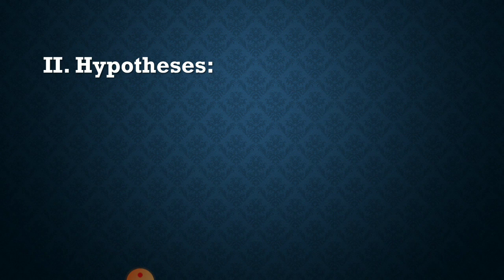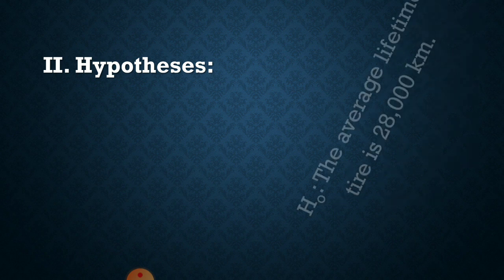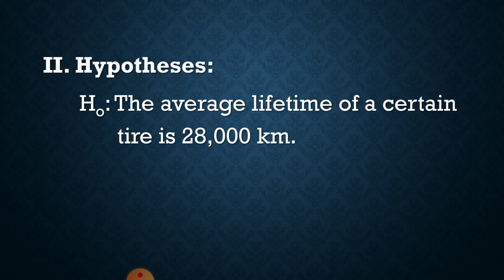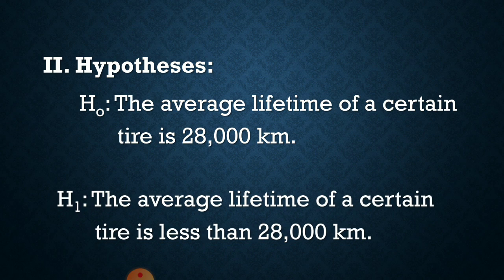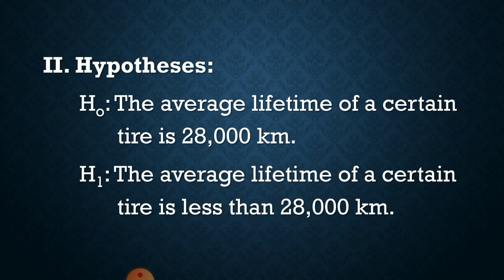First is the null hypothesis: the average lifetime of a certain tire is 28,000 kilometers. And the alternative hypothesis: the average lifetime of a certain tire is less than 28,000 kilometers.